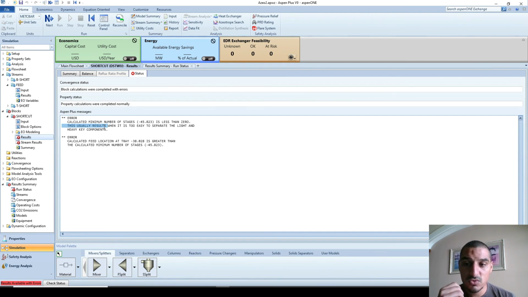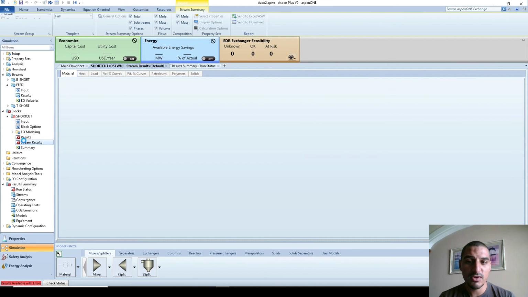And this usually results when it's too easy to separate the light and heavy components. This is the error that is displayed, but this is not the true reason. The true reason is that the shortcut column is not designed to deal with azeotropic compositions.